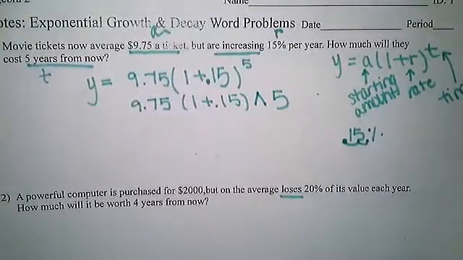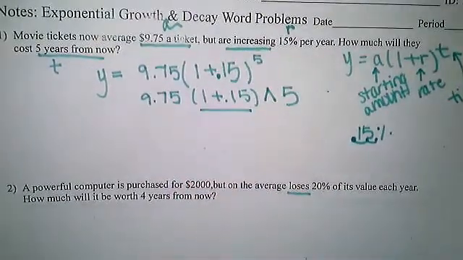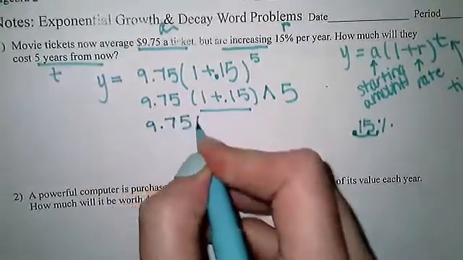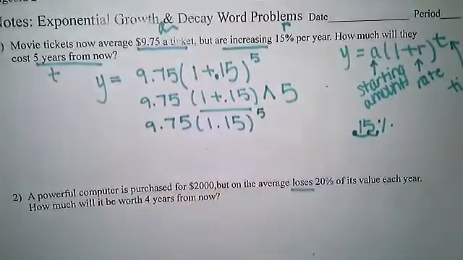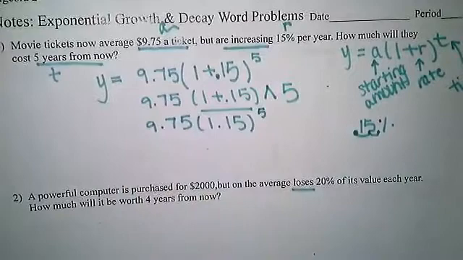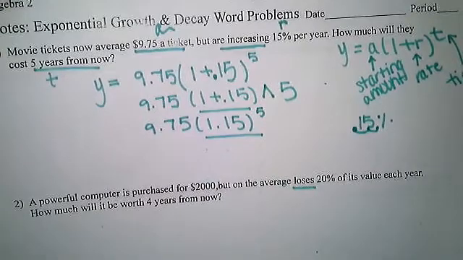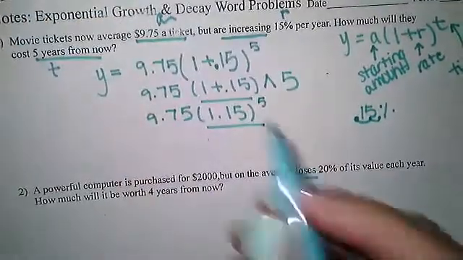If you don't have access to that kind of calculator, you can also follow PEMDAS by doing parentheses first, which gets us 1.15. When we add that together, 1.15 to the 5th power, we'll probably have to do that in our calculator, and we'll just do our best to round. So I got 2.01.